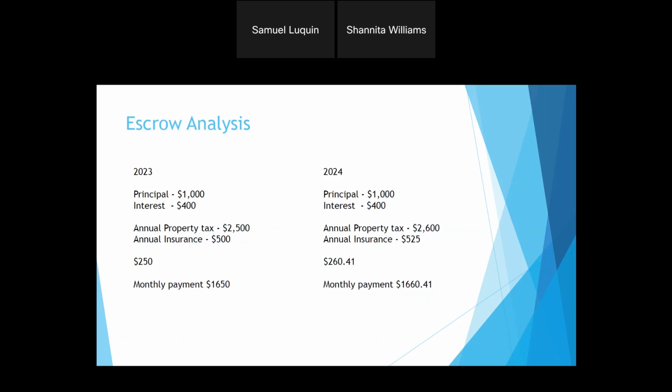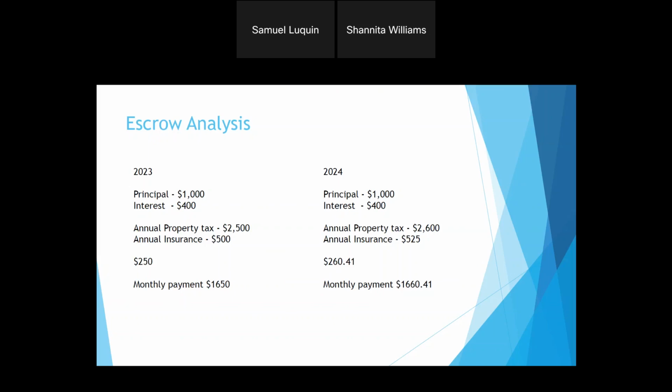If you were to split the property tax and the insurance into 12 equal payments, that equals about $250, moving their monthly payment to $1,650. Now that $250 is going to be there to be dispersed throughout the year to either the tax collector or the insurance company as the due dates come around.